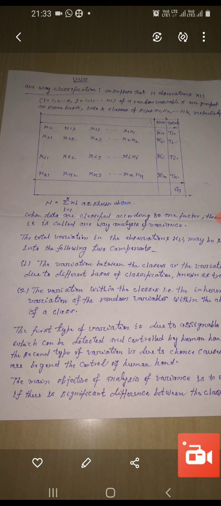And when you sum these t1 dot, t2 dot and so on, tk dot, then you will get the grand total, and this grand total is denoted by G. Means sum of all observations is G and it is known as grand total. Here capital N is equal to summation i is equal to 1 to k ni.